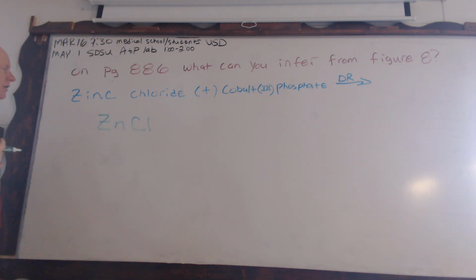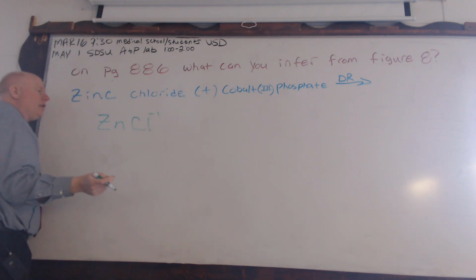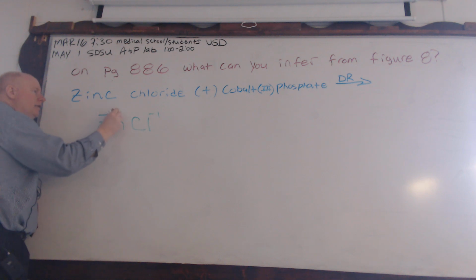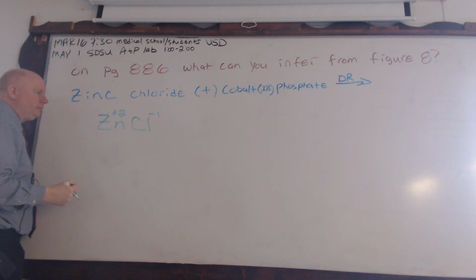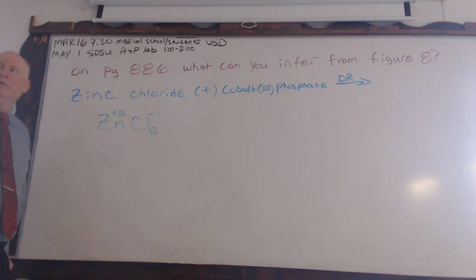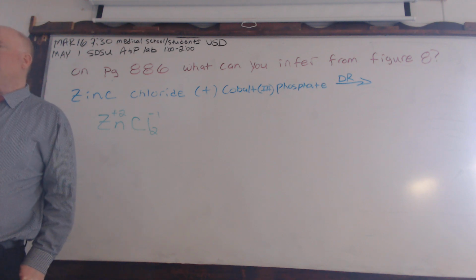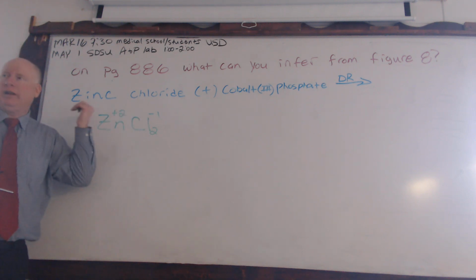Okay, what's the charge of the chloride ion? There's your -1. What's the charge of zinc? +2. That does not add up to 0. Who is being proficient with that? Do we still struggle with this?